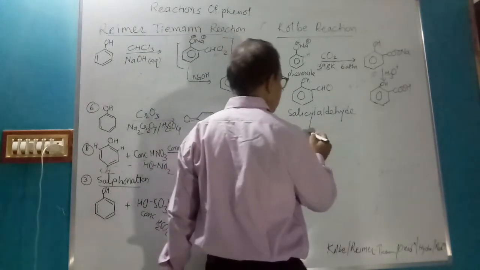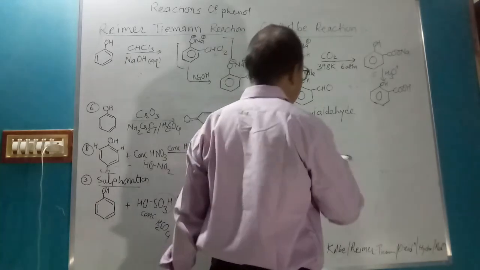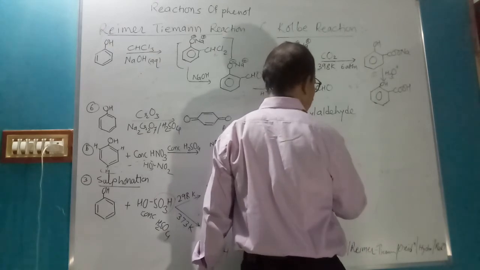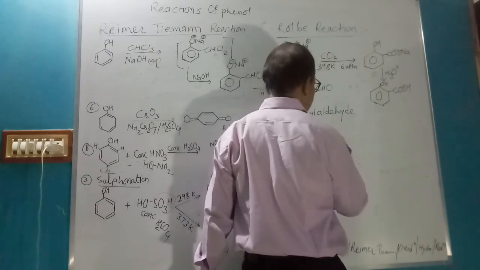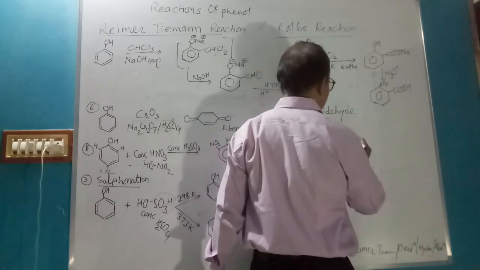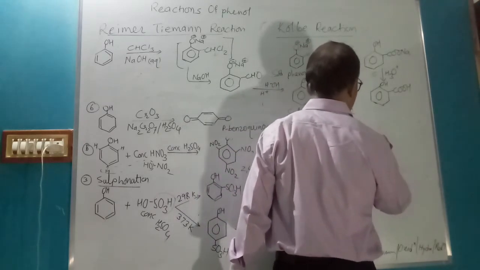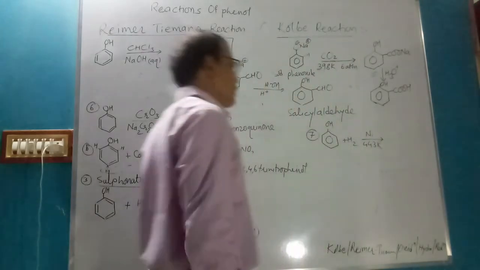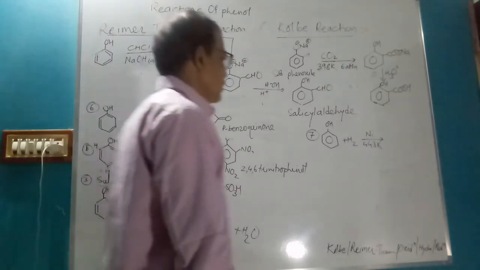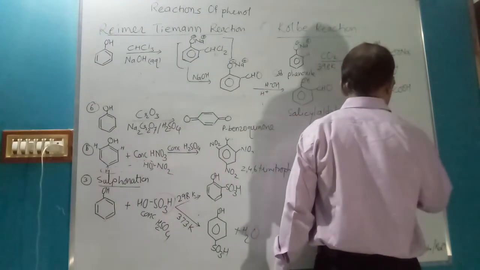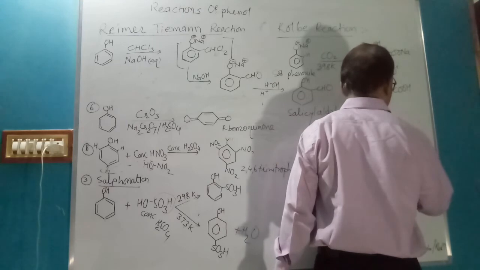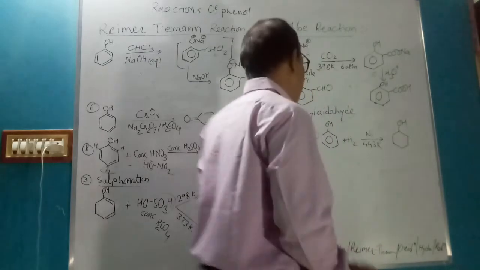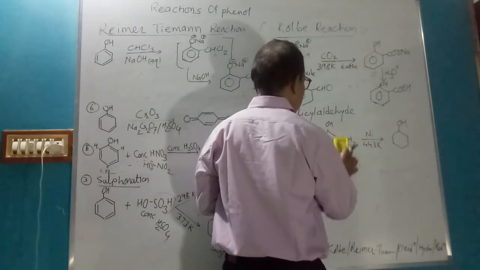Catalytic hydrogenation. When vapors of phenol and hydrogen are passed over nickel at 443 Kelvin, it undergoes hydrogenation, gives addition of hydrogen, gives cyclohexanol, means double bonds are converted into single bonds.